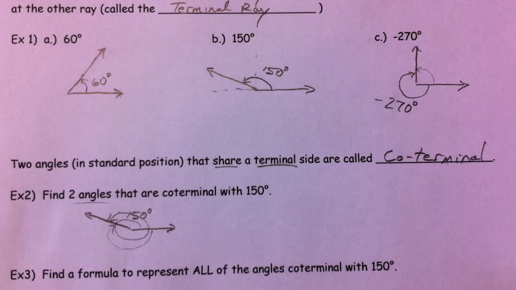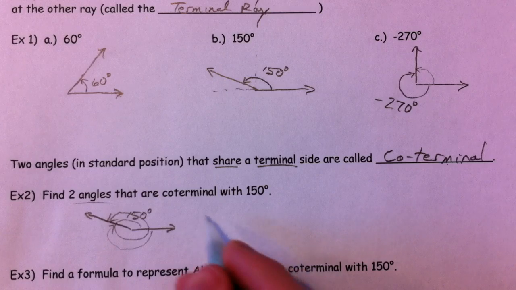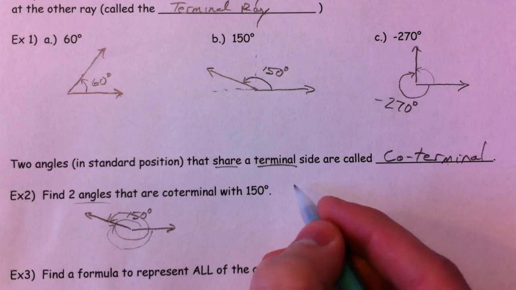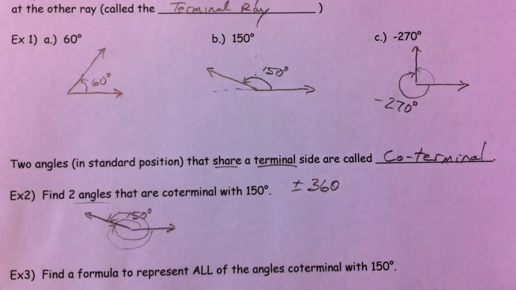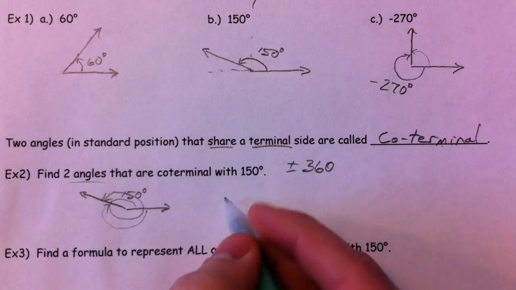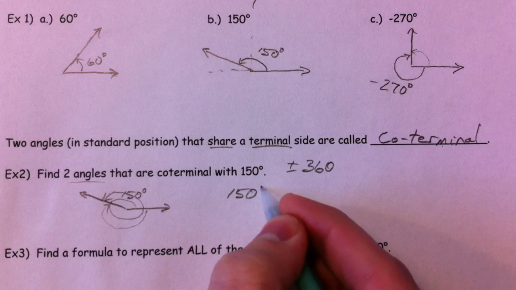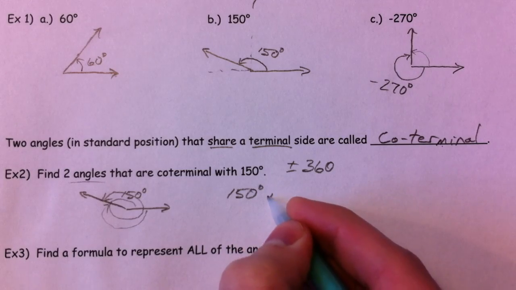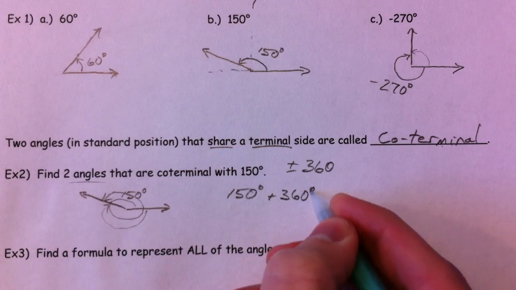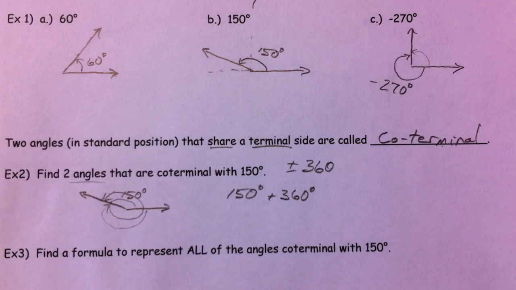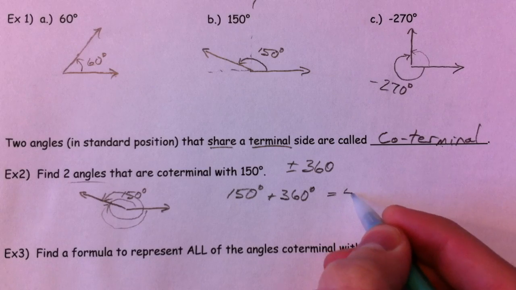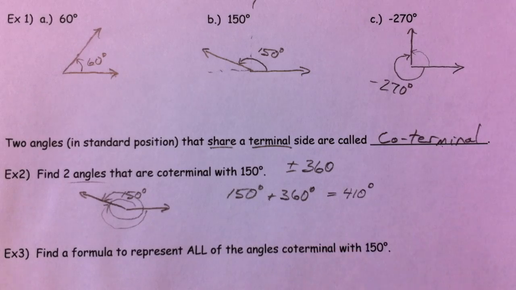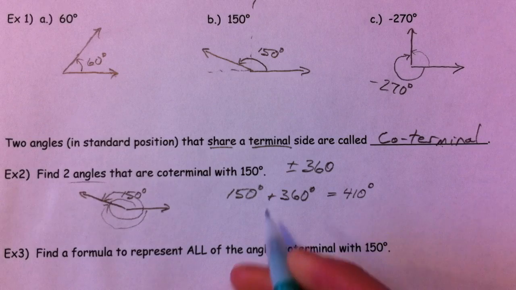And so really, to find coterminal angles, we add or subtract one revolution, plus or minus 360, or any multiple of it. So if we did 150 degrees plus 360 degrees, that'd be 510 degrees, which would be one coterminal angle with 150.